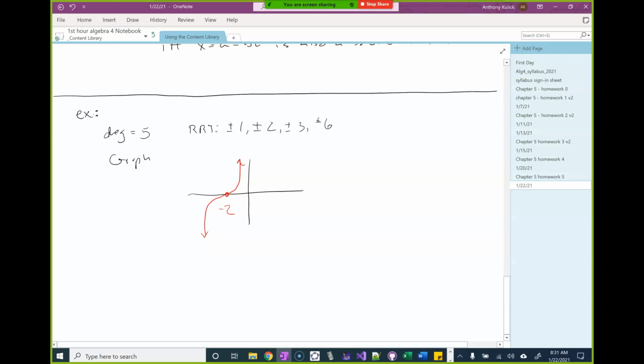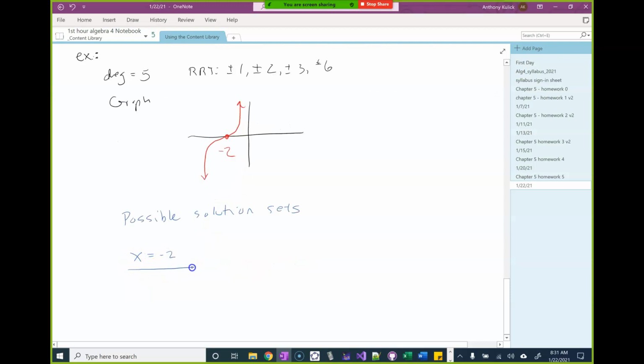So each line in my table is going to represent a different kind of solution set. So the total number of solutions I have to work with is total, right? No matter which line in my table I'm going to be in, I'm always going to have to have 5 total solutions. Everybody agree with that?